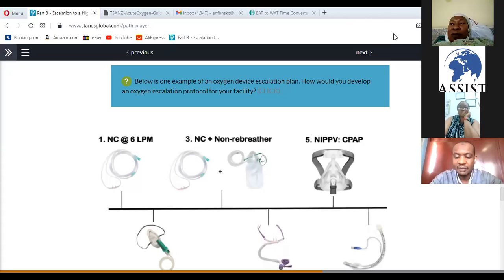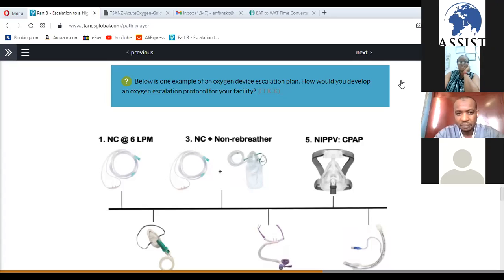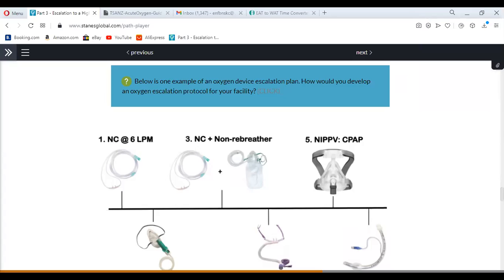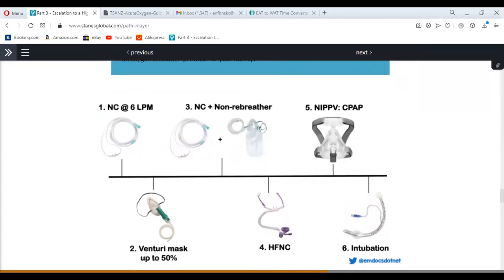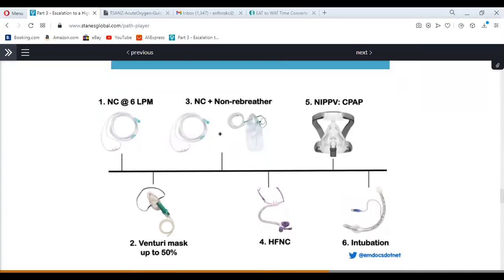Okay, Dr. Suleiman. So that's the plan. Thank you very much for that. We are talking about escalation of oxygen therapy, which may mean changing from the initial device that we're using to another device which may deliver more oxygen in terms of both flow and concentration.